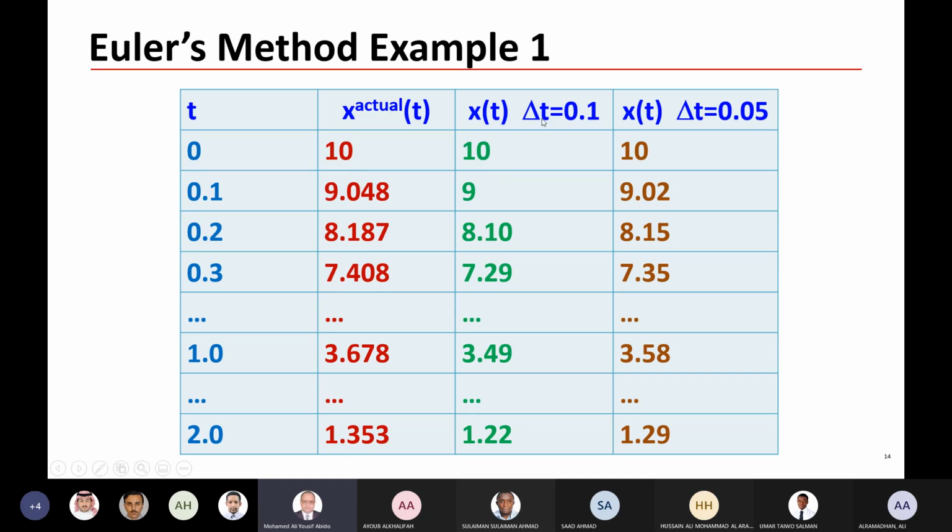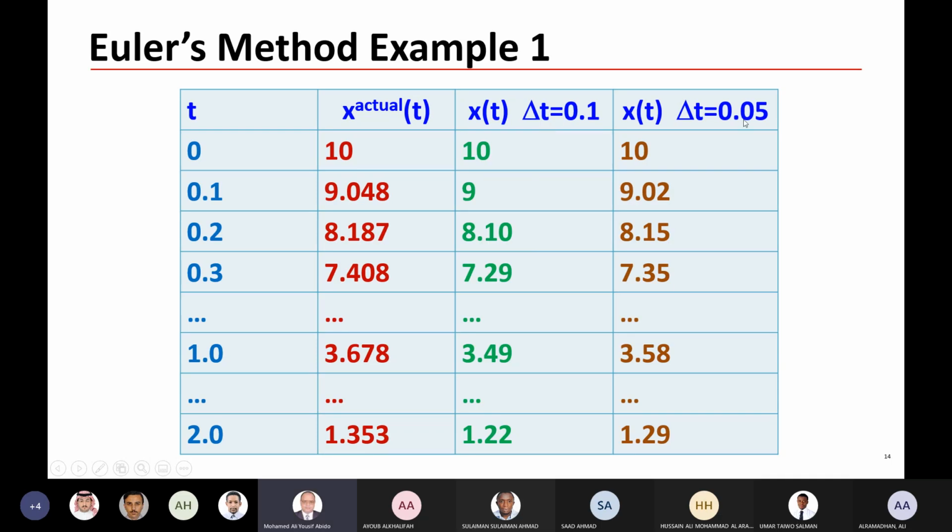If you take delta t equal to 0.1 and implement the Euler method, you get values that are somewhat less than the exact ones, and 1.35 at the end. So it gives you, as you can see here, not the exact solution, of course. Definitely, it will not give you the exact solution.